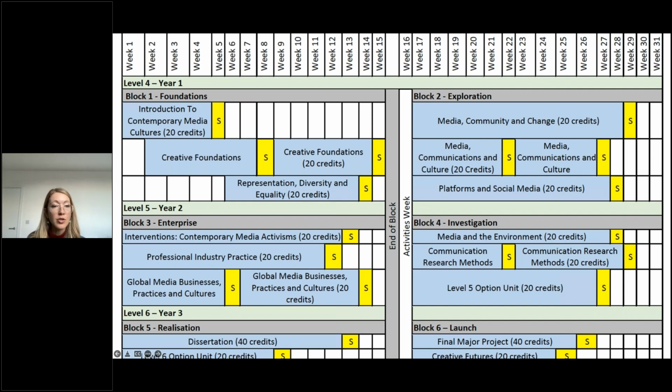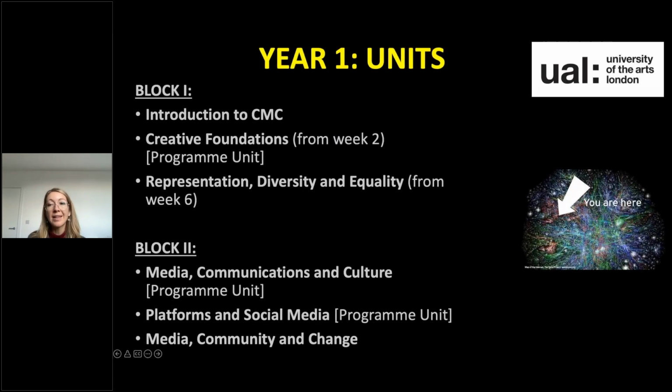Other units, such as representation, diversity, and equality, you've got a submission point in week 14, and so on and so forth. So you can see, just to give you an idea, but we will get into more detail very soon, just to give you an insight into the structure of the degree. But there's a lot to say, so I'm just going to move forward and let's take a look at year 1 units.